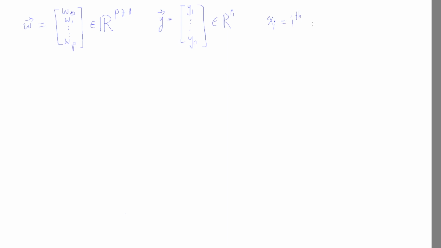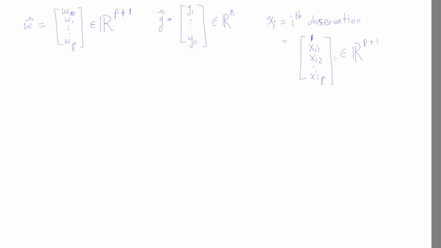The notation is going to be a little bit abused here from what I put in the previous slide, but let me just write, this is going to be the ith observation. So it's going to be a vector with a 1 at the top, and then xi1, xi2, all the way to xip. And this is obviously going to be a p plus 1 dimensional vector.